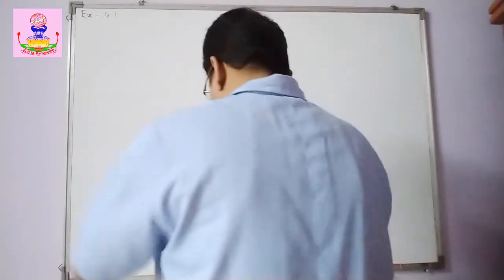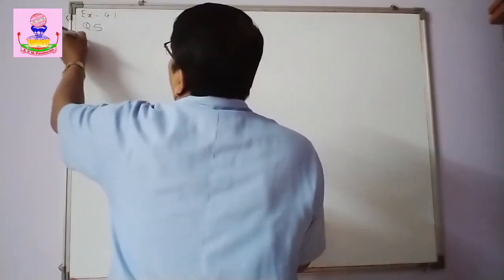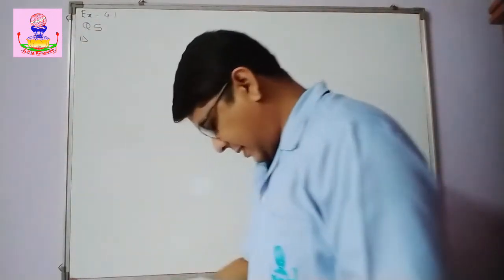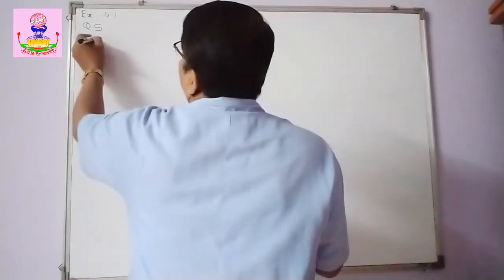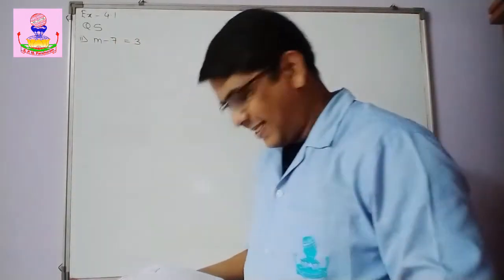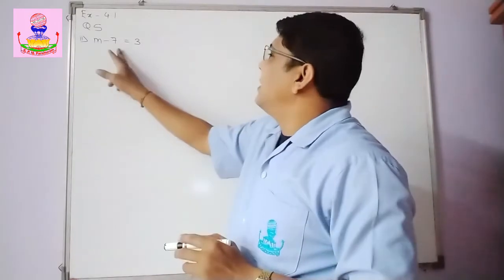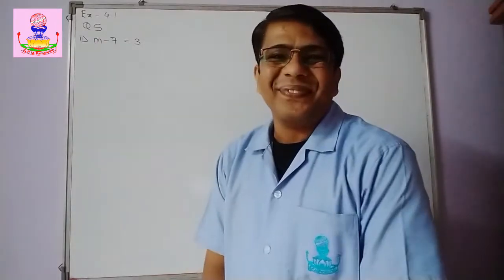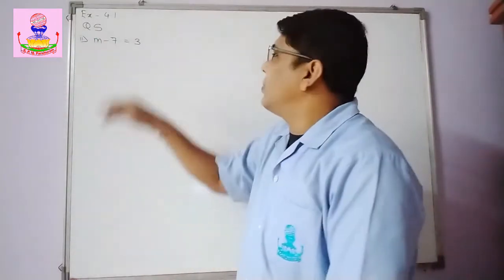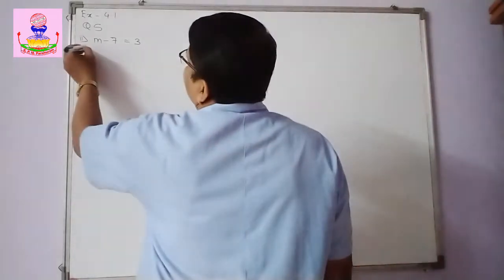So question number 5, again the second one. M minus 7 is equal to 3. 7 is subtracted from M, and what you get is 3. So how can I make this a statement?